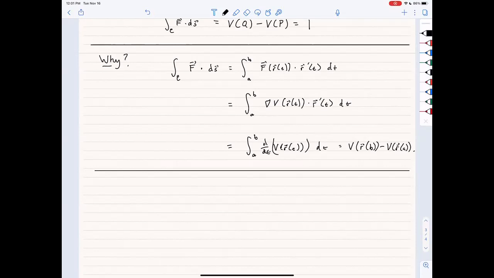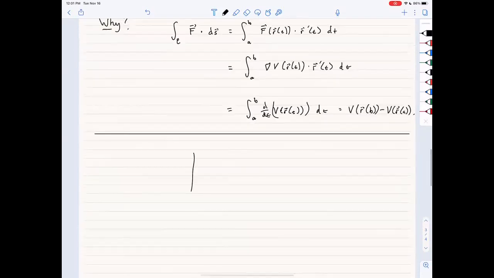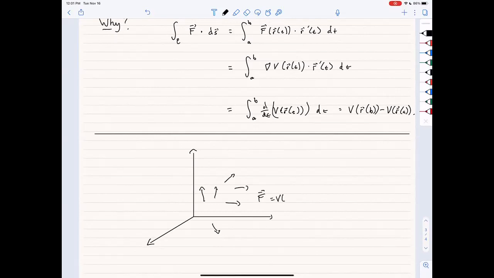But how do we interpret something like this? Well, it's actually telling us something quite interesting, which is that if we have some conservative vector field, let's say we have this vector field as F, and we say it's conservative, and we have some point P here and another point Q here.